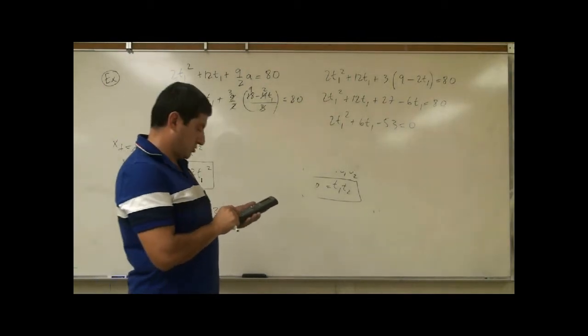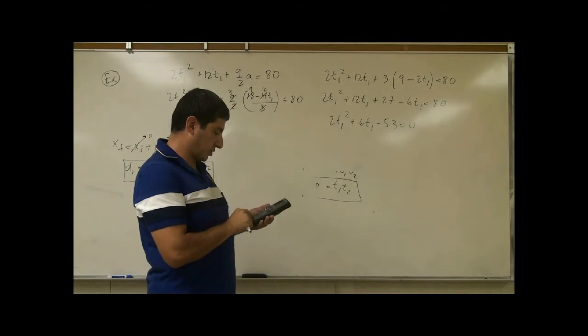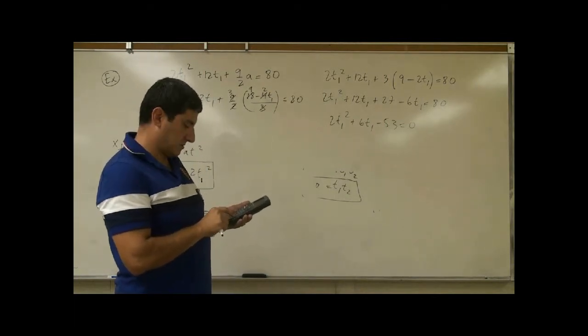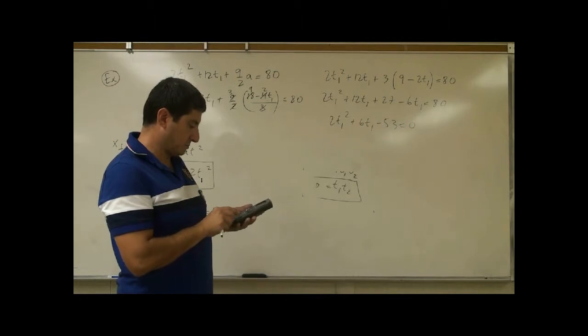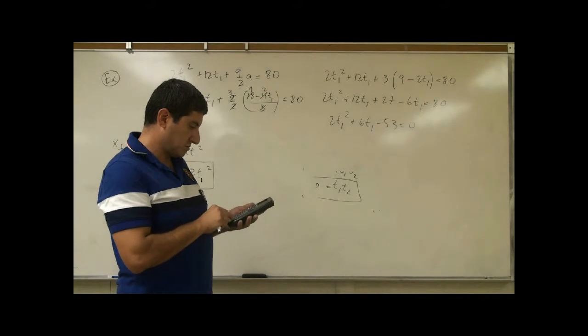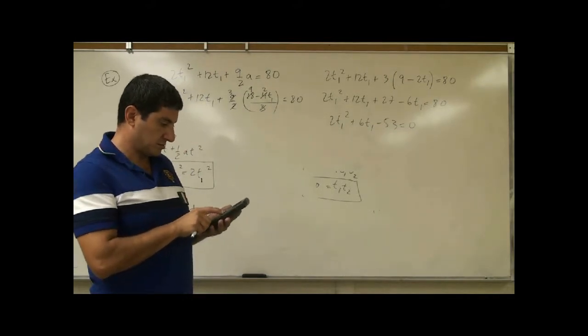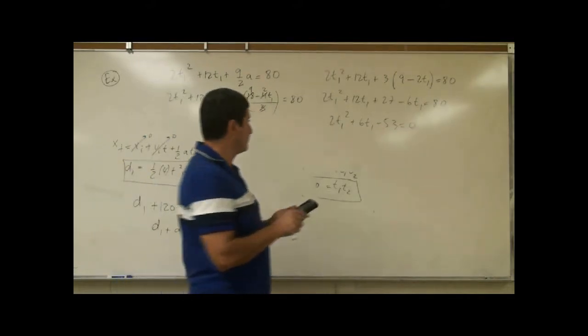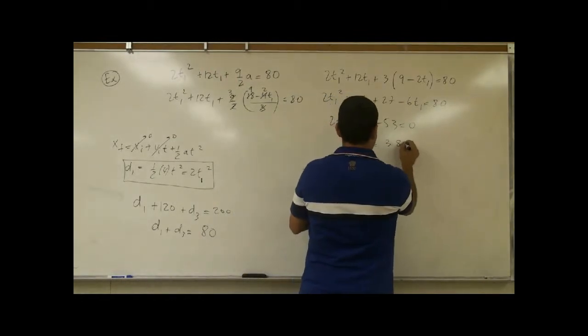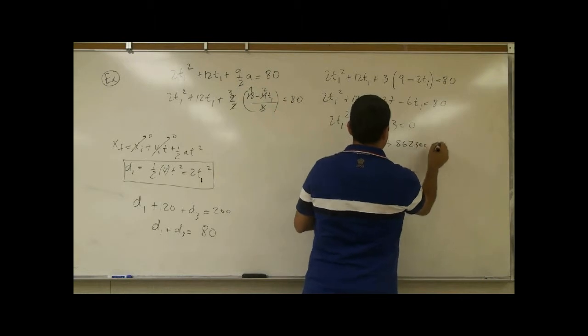Solve 2x squared plus 6x minus 53 equals 0. Okay, T1 is going to be 3.862 seconds.